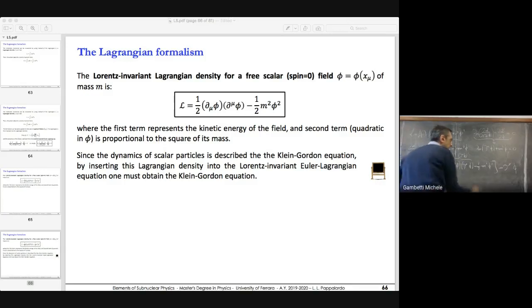And this you can even write in a more compact way. You can now put together this, so this is going to be (∂_μ ∂^μ + m²) φ equal to 0, which is, in fact, the Klein-Gordon equation in the covariant form, as we derived last time.